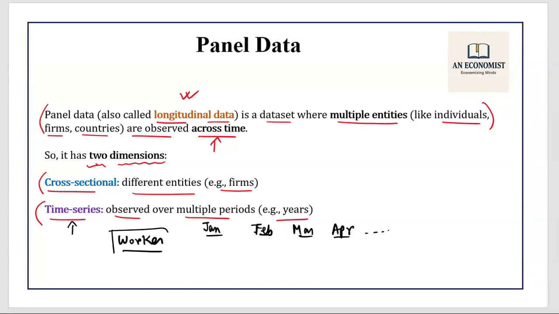So keeping the entity constant, you are measuring the production by this particular worker in different months. If this is the scenario, then you will call this data time series data, that you are taking into account the production in different months. So this is basically the time variation.